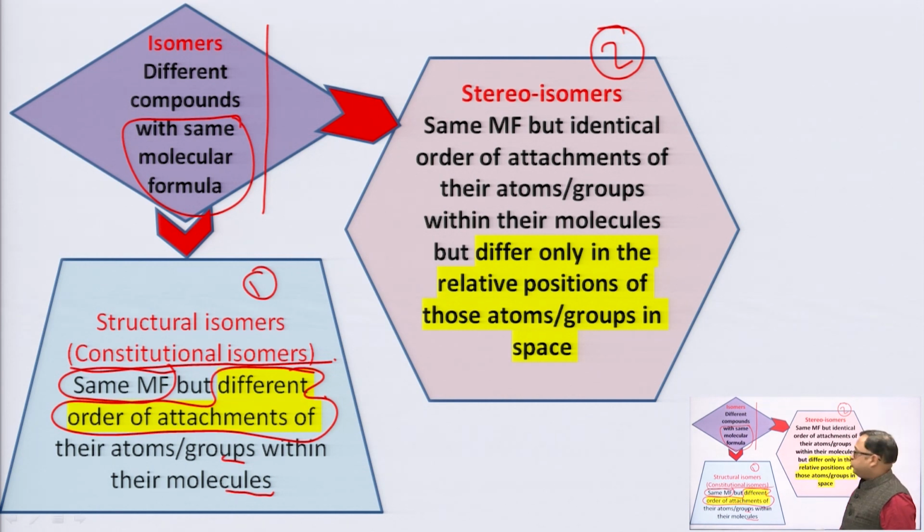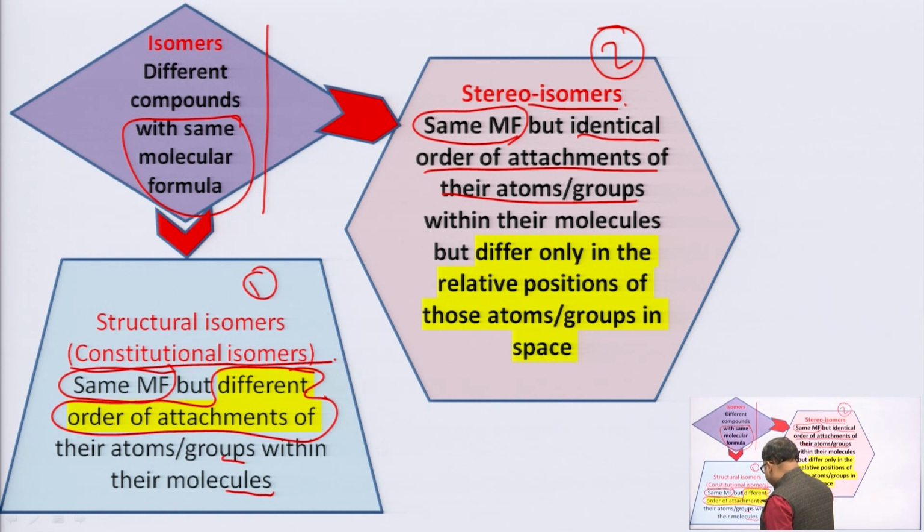But on the other hand, if we talk about stereoisomers, they again have the same molecular formula. Now, what is the difference? An identical order of attachment is there. So, this is the different point as compared to the structural isomers.